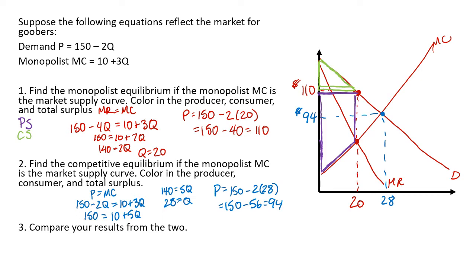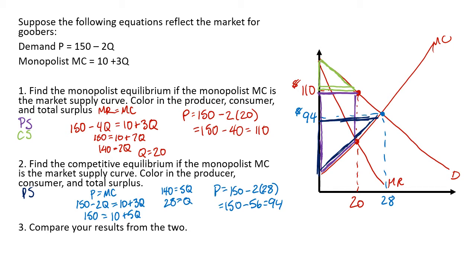Now if we look at the competitive equilibrium, this is how much people pay, this is how much it costs, and so producer surplus is there in that dark blue.